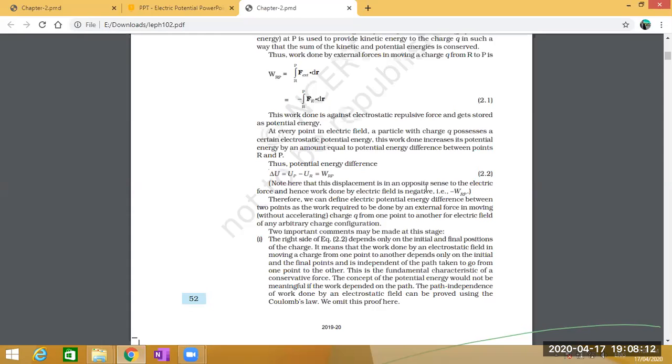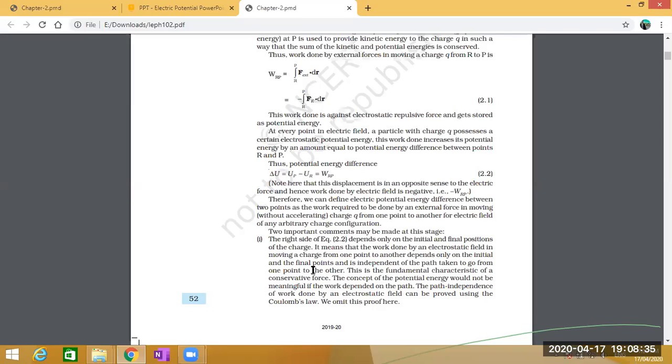So it means that work done by an electrostatic field in moving a charge from one point to another point depends only on initial and final points and is independent of the path taken to go from one point to another point.